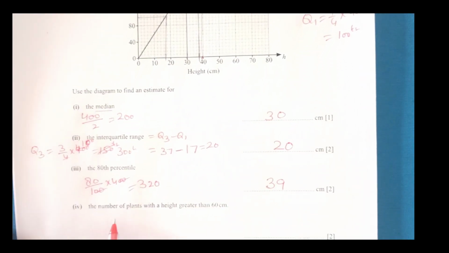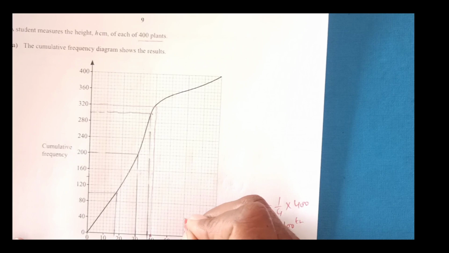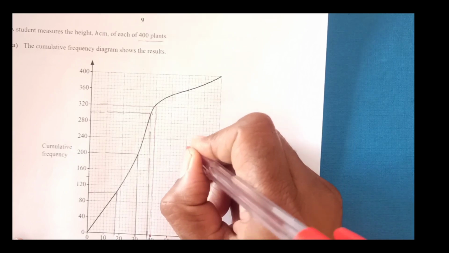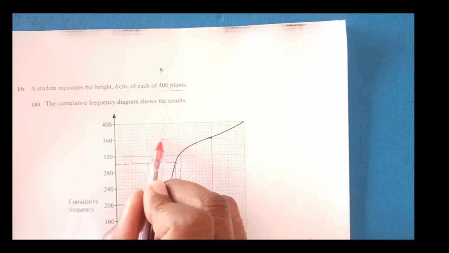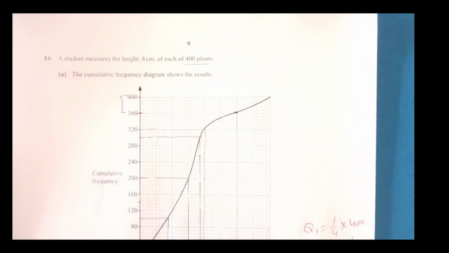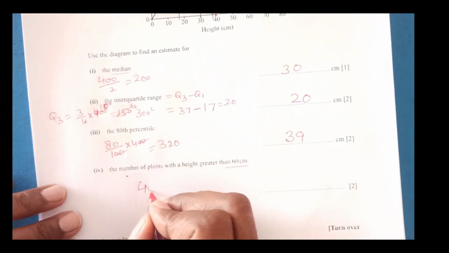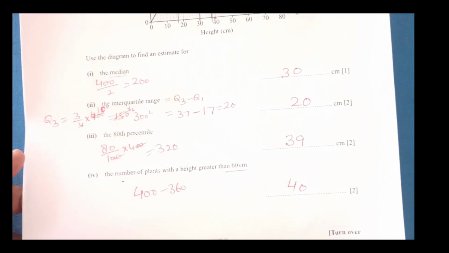Okay. Now the number of plants with height greater than 60. Greater than 60 is here. So we go up on this line and then going this way, it is 360. So this is 400 minus 360, that is 40, will be the final answer, right?